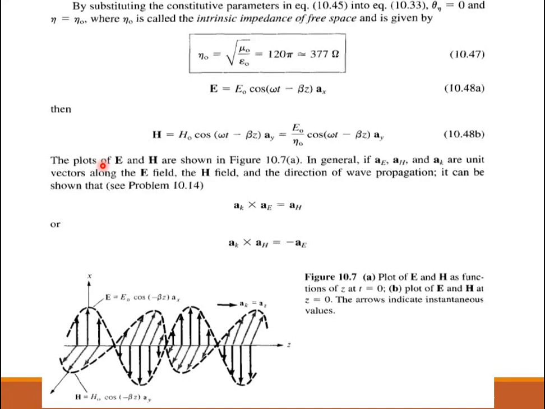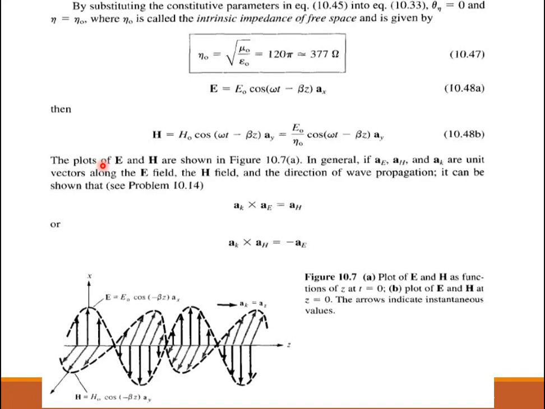So the uniform plane wave is an ideal case, but where do we use them? When you talk about practical waves such as radio antennas, these uniform plane waves are good approximations. That is, any practical wave can be approximated to a uniform plane wave for various analysis purposes.